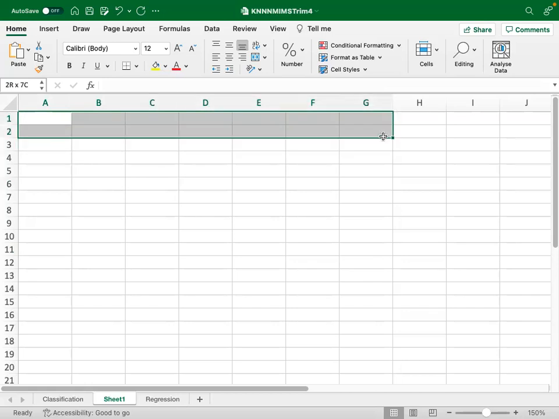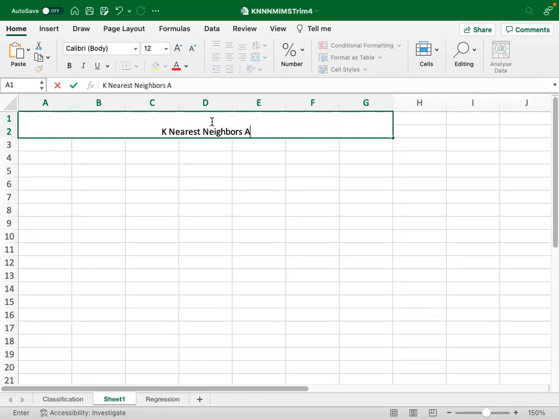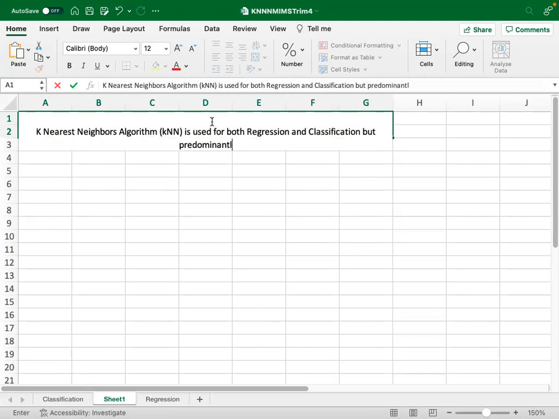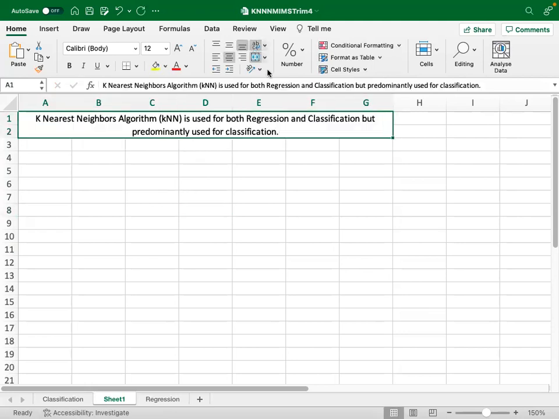KNN algorithm, K nearest neighbors, also called KNN. The KNN algorithm is used for both regression and classification, but predominantly it is used for classification only, because its performance on regression data is not as good compared to the tree-based models.